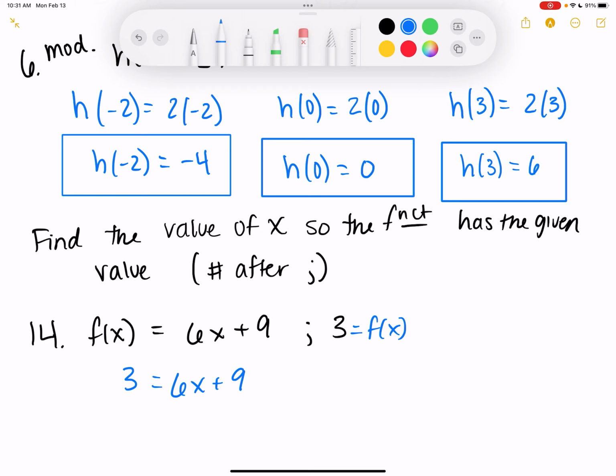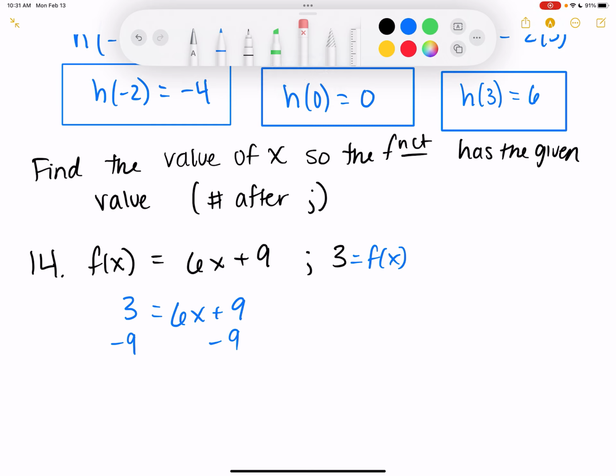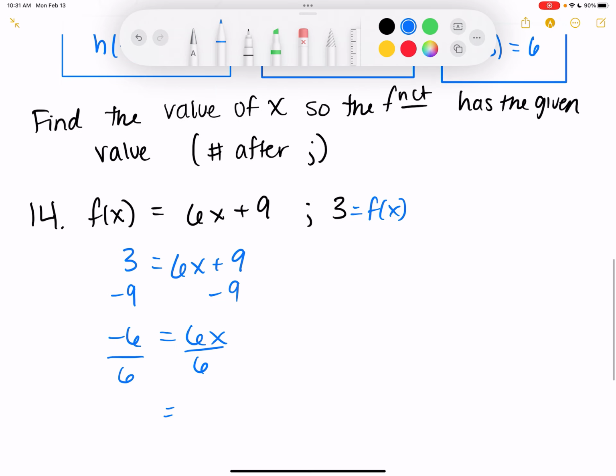So what would I do to solve for x? Subtract 9. 3 minus 9 is? -6. -6 is equal to 6x. And then what? Divide by 6. So -6 divided by 6 is? -1.